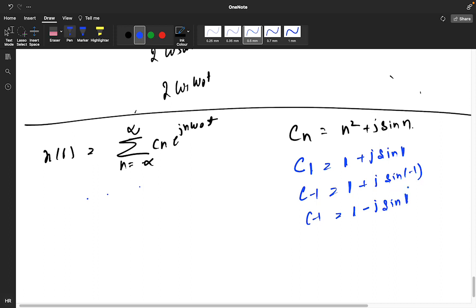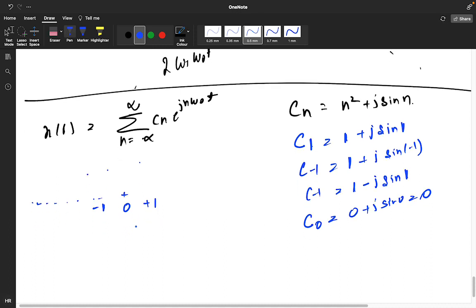And if you are taking c of n is equals to 0, you are getting 0 plus j sine 0, so 0 is coming. We are stopping at minus 1, then at 0, then at plus 1, and we are substituting overall value.